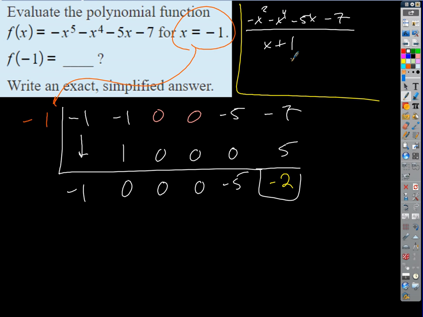If I had gone through that whole synthetic process, you would have found that that's equal to... there's my constant, x squared, x cubed, that's an x to the 4th, and that's my constant. So that whole thing would have just been equal to -x to the 4th minus 5 plus -2 over x plus 1, right? We don't care about all the other stuff. Here all we want to know is what's in the remainder box. It's a -2. So that's the value of the function, right? See what I'm saying? Works that way every time.